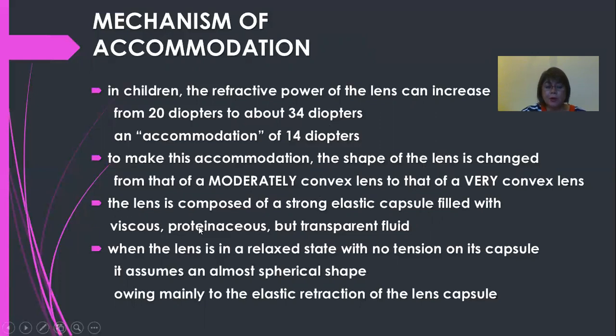The lens is composed of a strong elastic capsule filled with viscous, proteinaceous, but transparent fluid. When the lens is in a relaxed state with no tension on its capsule, it assumes an almost spherical shape, owing mainly to the elastic retraction of the lens capsule.